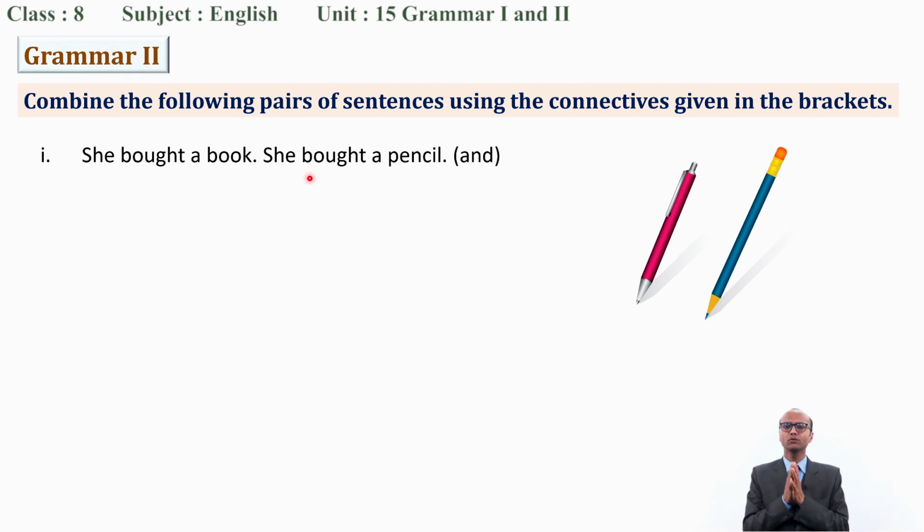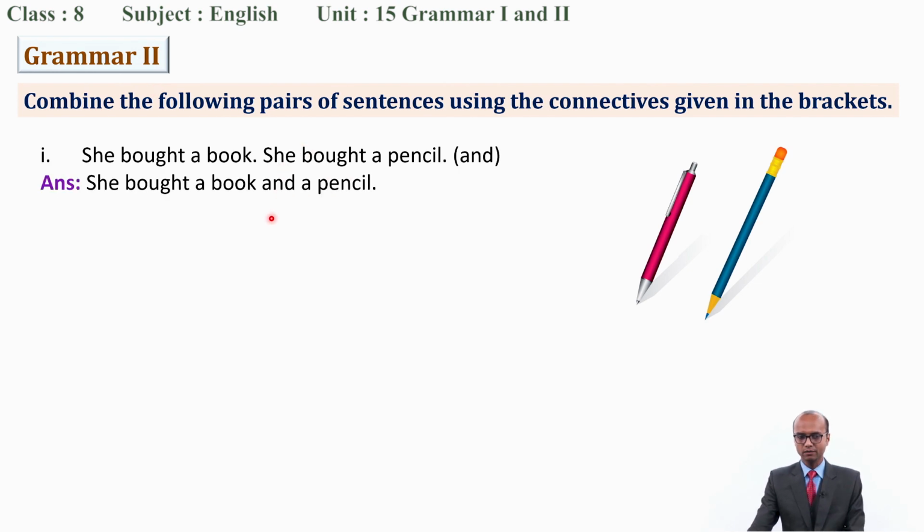But you can omit this subject to make it like this: she bought a book and a pencil. Because the subject and the verb are the same, they should be omitted or deleted. Even if you delete these words, the meaning remains the same. So the answer is she bought a book and a pencil.